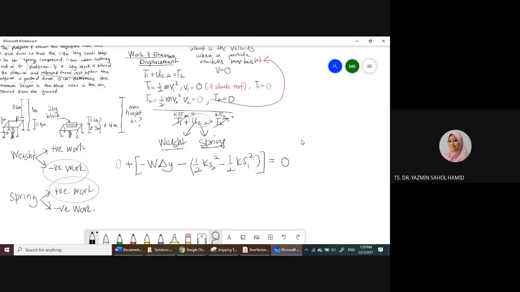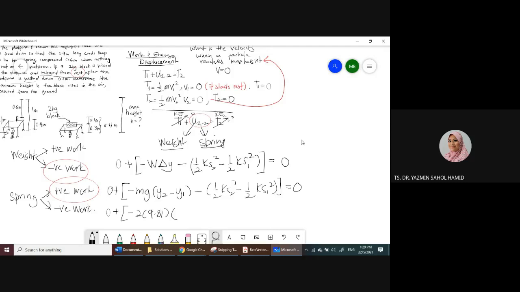Okay, so let's write down. We have the formula 0 plus, so negative W is mg. Now, delta Y is what? Y2 minus Y1. Let me just copy back all this formula. What is our mass? 2 times 9.81.